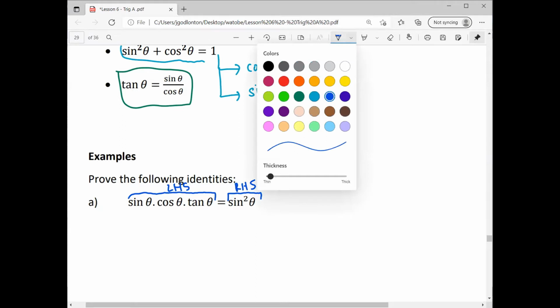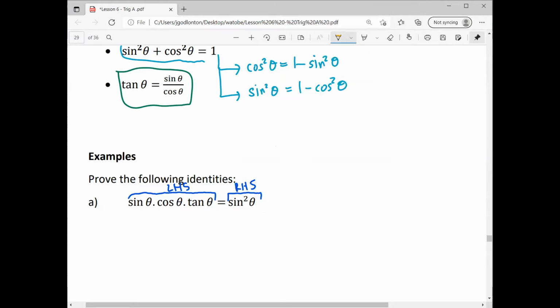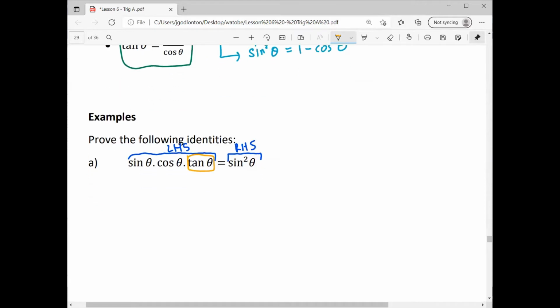Now, the thing that should be ringing in your head is this tan, because as you can see in our green block, tan theta is sine theta over cos theta. So we only choose one side that we want to work with. And normally, not all the time, but normally the easiest side to work with is the left-hand side.